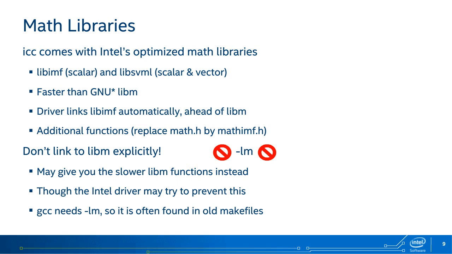We have many new features introduced in the latest compiler version. For example, in the latest 18.0 version, we introduced a scalar implementation for libsvml functions. Actually, libsvml is a short vector math library which is expected to have only vectorized implementations of the functions.